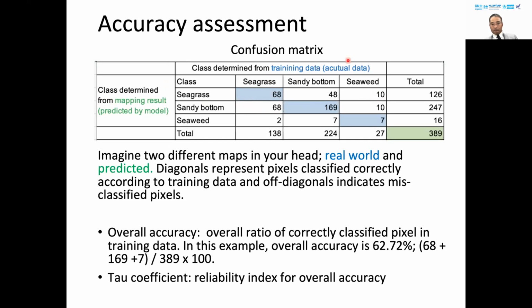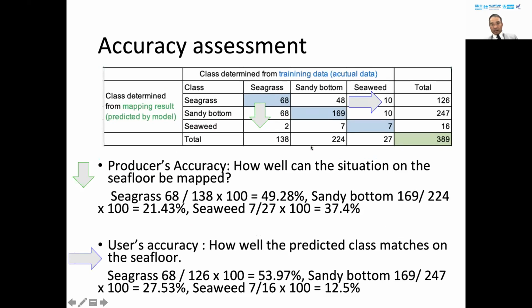It's really important to imagine two different maps in your head. What comes from the real world is this direction, and what's predicted by the model is this direction. And he was mentioning producer's accuracy.